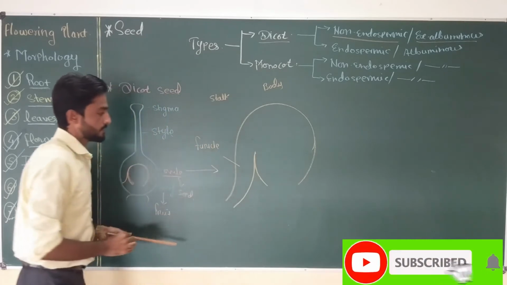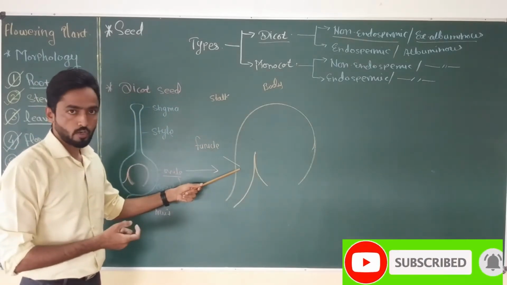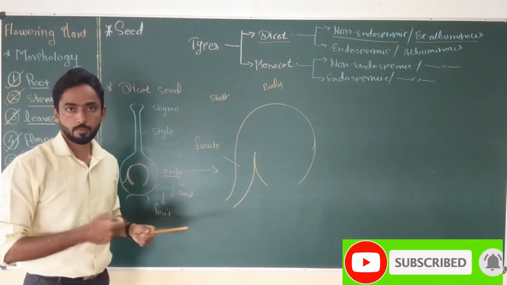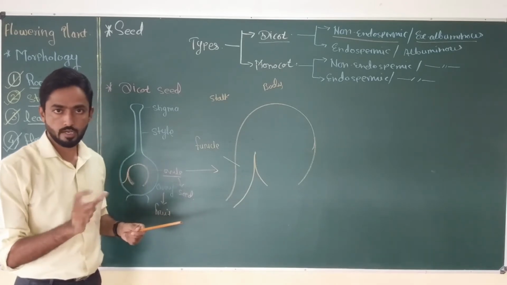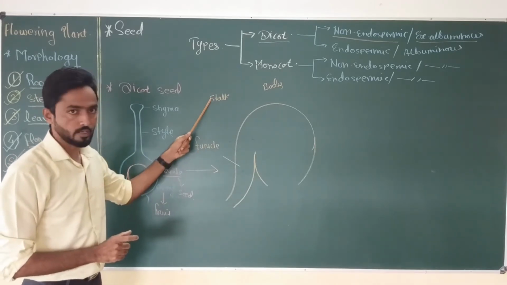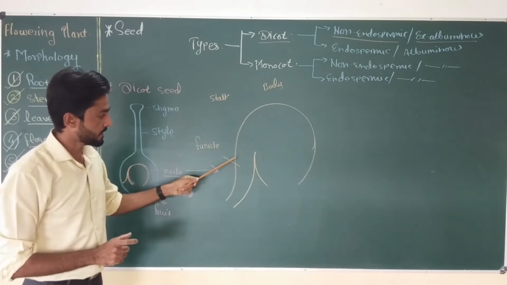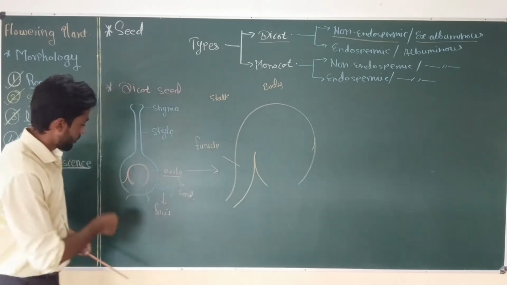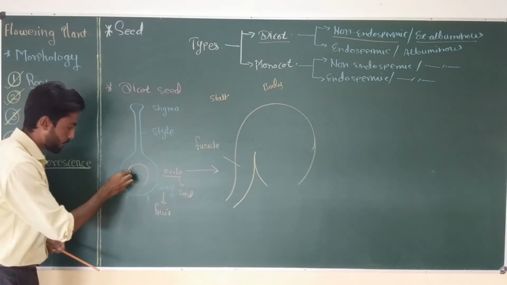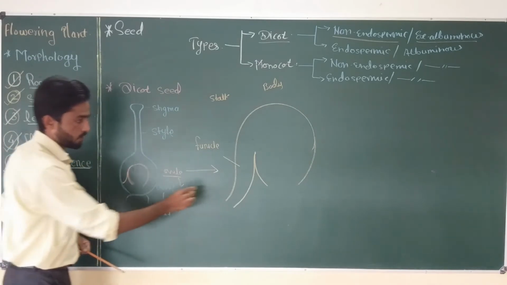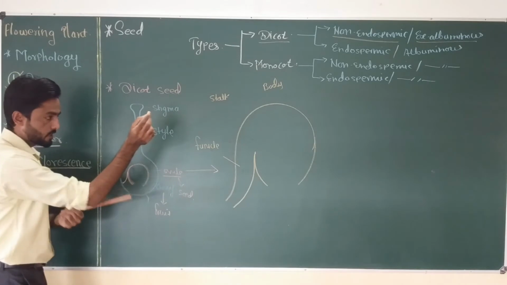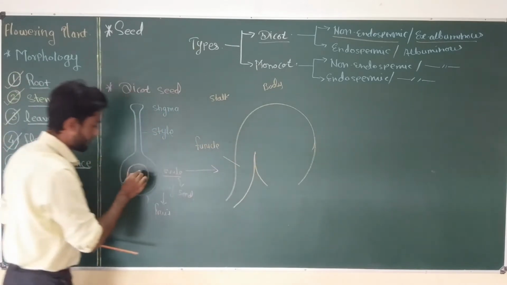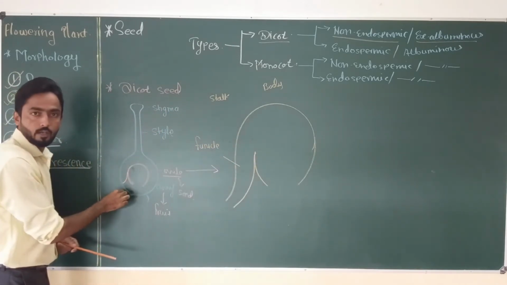In some books, they have written funiculus instead of funicle, so both are the same. The funicle is a stalk-like structure attached to the body and the wall of the ovary. This is the portion which connects the body of the ovule to the ovary wall.